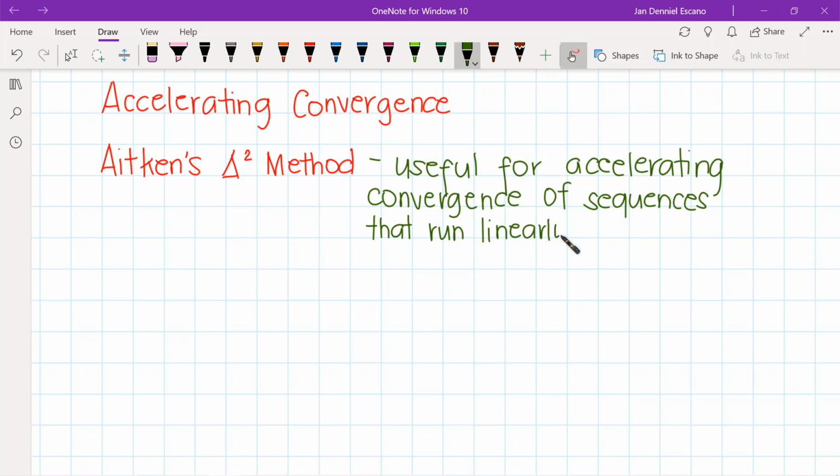So whenever an equation is a sequence that runs linearly, we can use the Aitken's delta square method.